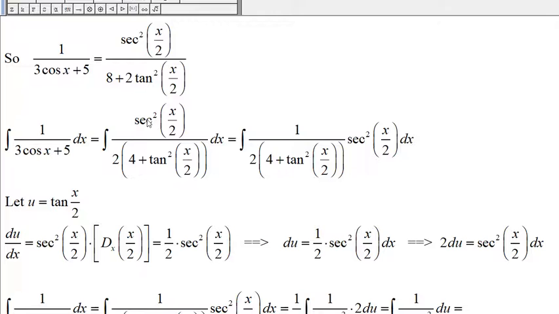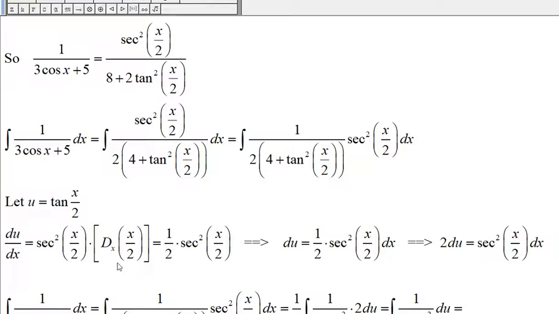And so now we just move this secant squared of x over 2 and place it right next to the dx. And then we'll let u be tangent of x over 2, because the derivative of tangent is secant squared, and that's what we want right here. So the derivative of tangent of x over 2 will be secant squared of x over 2, and then we have to use the chain rule, so we multiply by the derivative of x over 2.